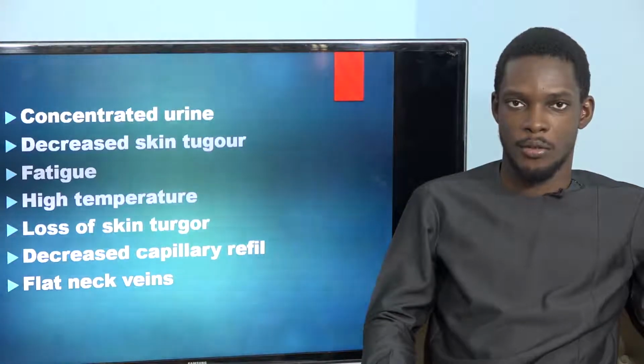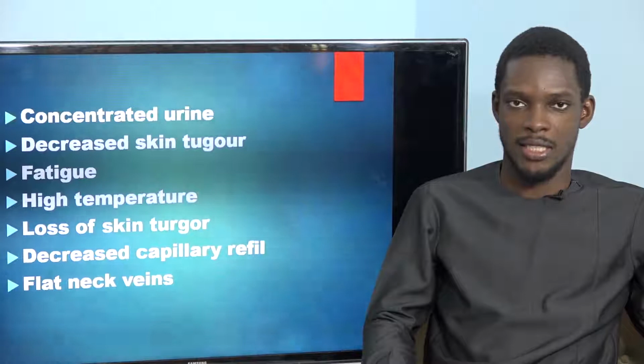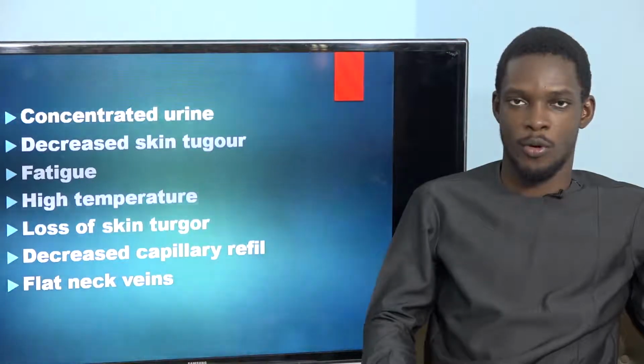Loss of skin turgor occurs because, as you all know, fluid is involved in the maintenance of the skin and its appearance. A well-hydrated body often correlates with a healthy skin and a well-hydrated skin.